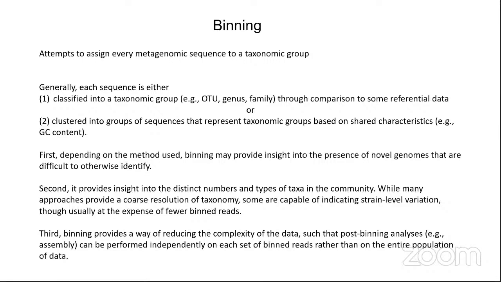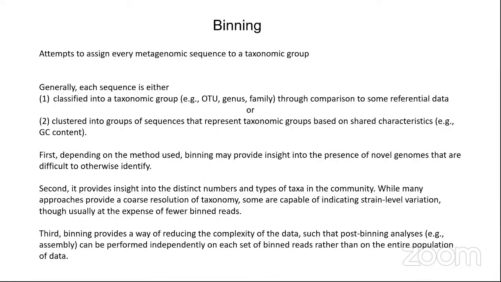Our next approach will be binning. It is our attempt to assign metagenomic sequences into taxonomic groups. It can be performed by classifying into a taxonomic group or OTU, or you can go for clustering sequences that represent the taxonomic groups based on shared characteristics. First, depending on the methods used, binning may provide insight into the presence of novel genomes that are difficult to otherwise identify.